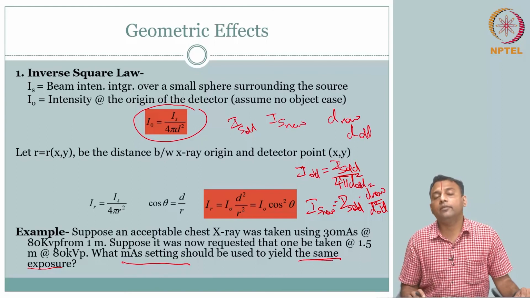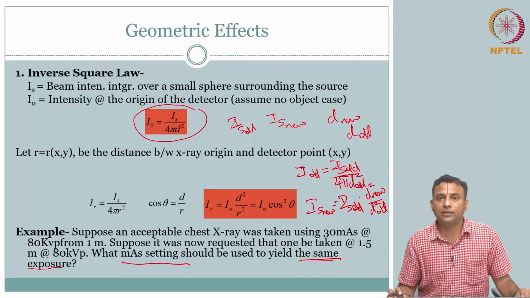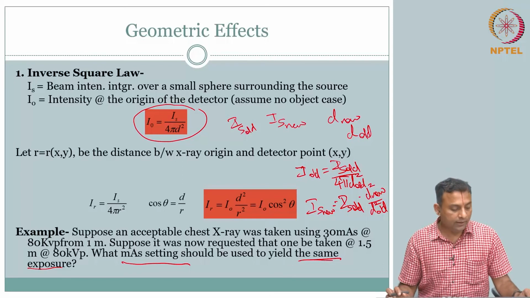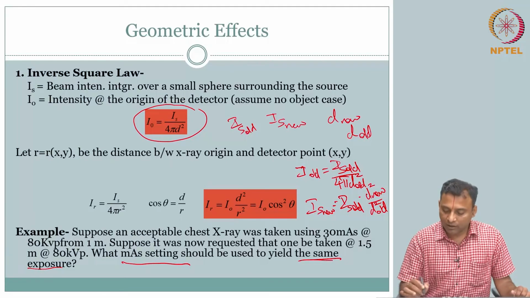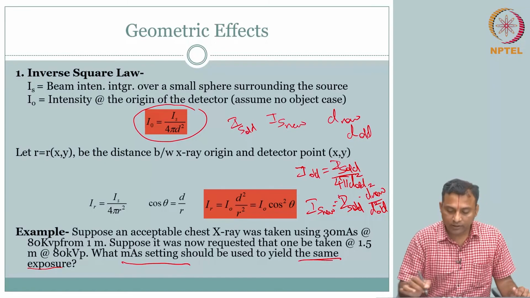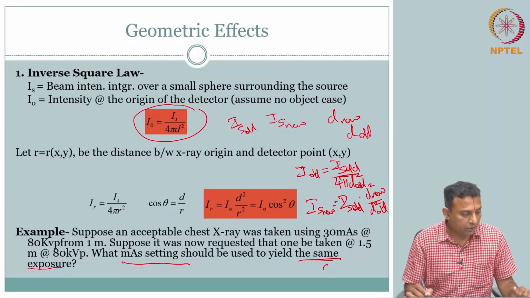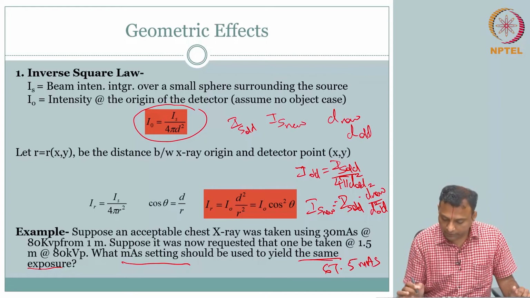That is all we need to do. So, you substitute, you are given all the other aspects, you substitute and you will get some numerical value. What is more important is, of course, if you punch in the given values, you will see that it is coming out to some 67.5 milliampere second.